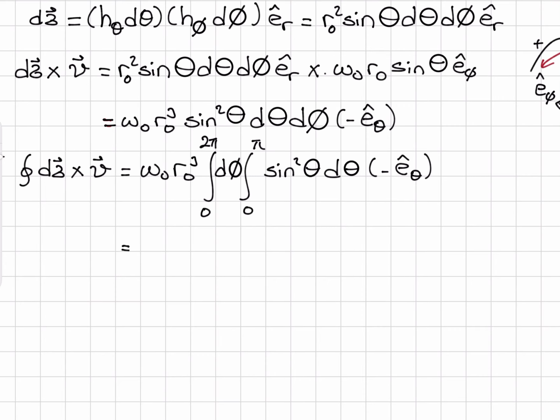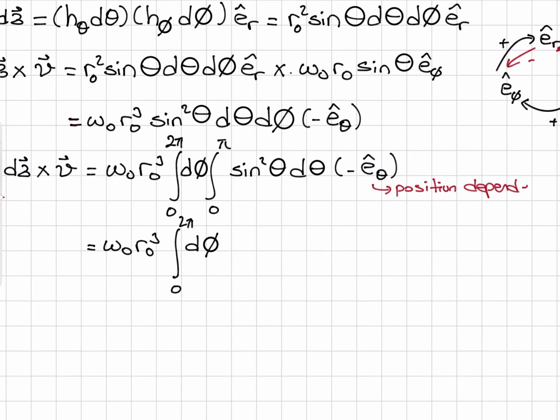Okay, so this will be omega 0 r0 cube integral from 0 to 2 pi d phi, and then for the e theta hat part, I have a position dependent unit vector here.